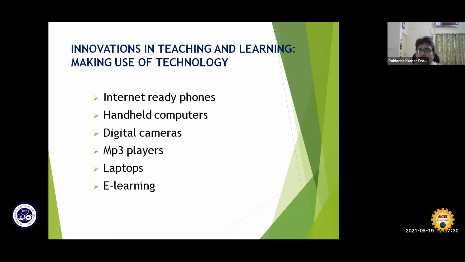For example, you need not go towards the chalk and talk method on the blackboard or whiteboard. If you are making use of computers or laptops or different terminals, say you are trying to give a demo of statistical software, you upload the software on everybody's laptops, and in one main terminal you give the demo and ask the students to get into their laptops and follow.